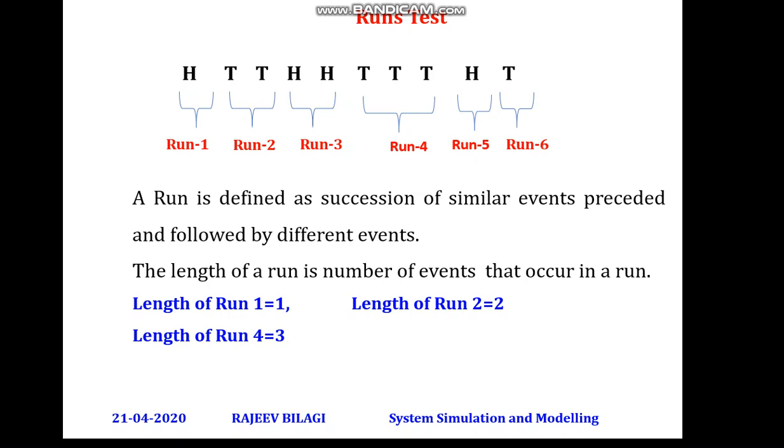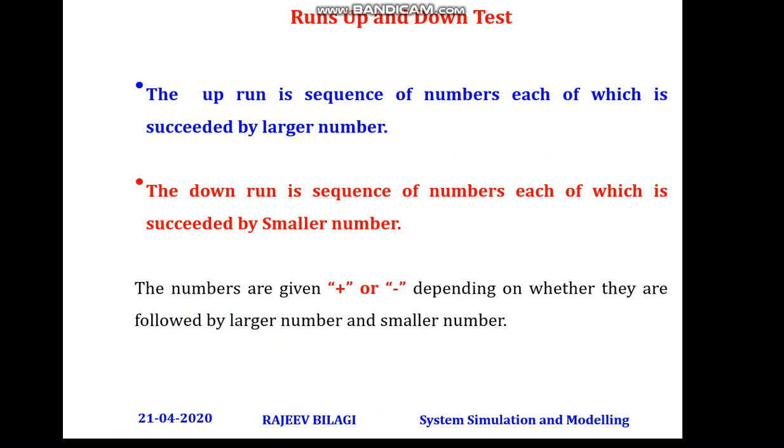Finding these runs using the runs test, there are two different ways. One is runs up and down, another one is runs above and below the mean. In both techniques, the way you find the run is completely different. Take the first testing technique, called the runs up and down test. A run up is a sequence of numbers, each of which is succeeded by a larger number.